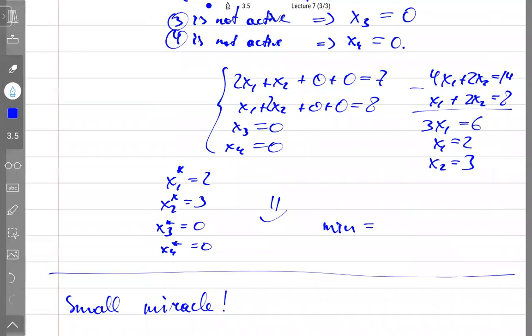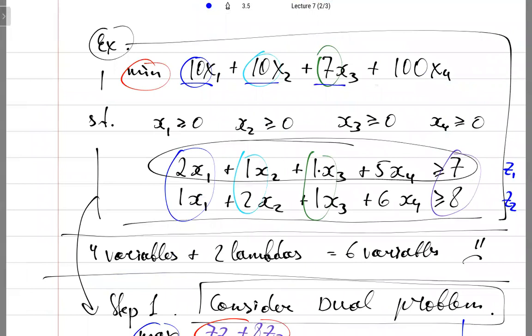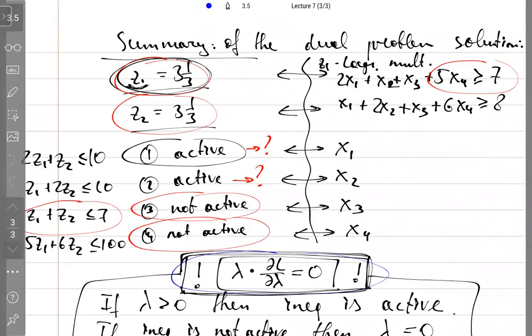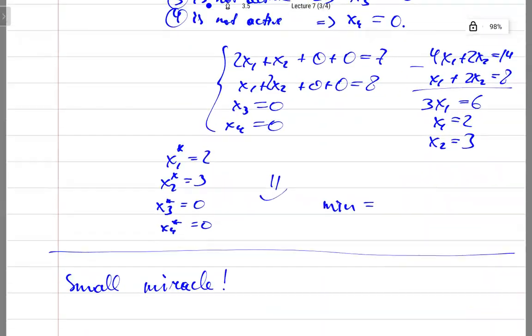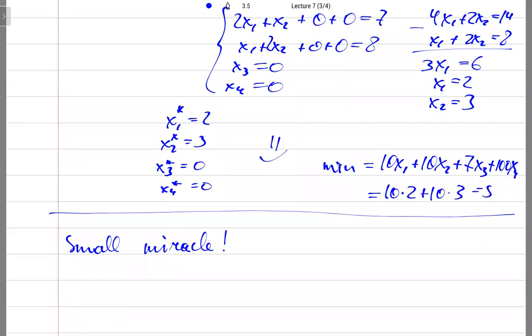Oh, I forgot the numbers. Sorry. 10x1 plus 10x2 plus 7x3 plus 100x4. And it is 10 times 2 plus 10 times 3, it's 50.